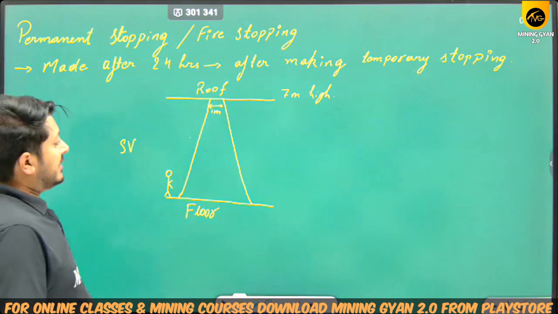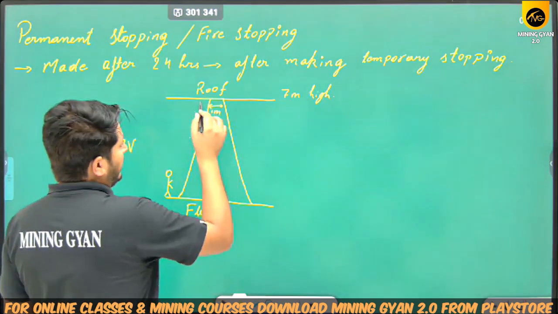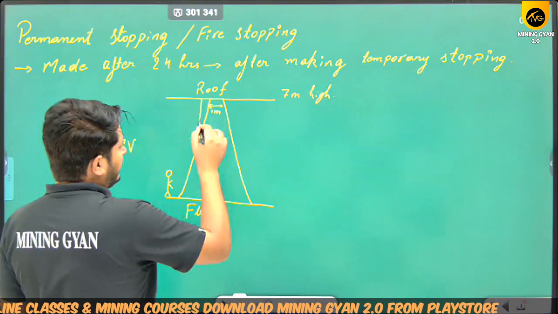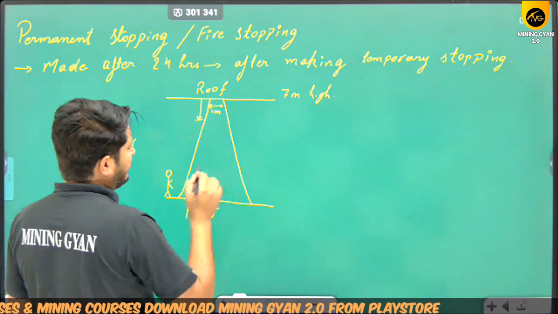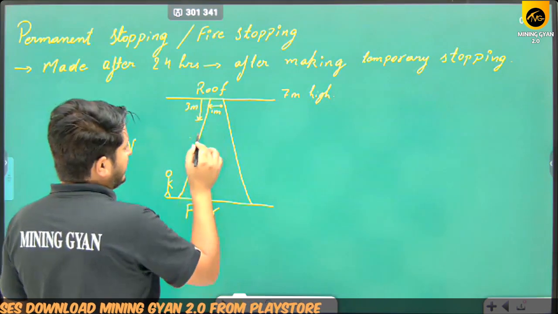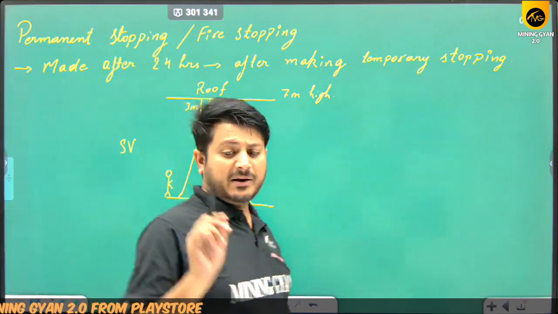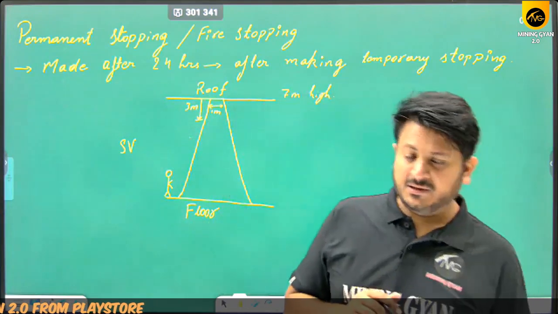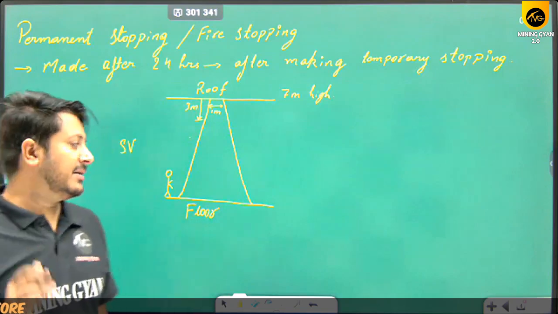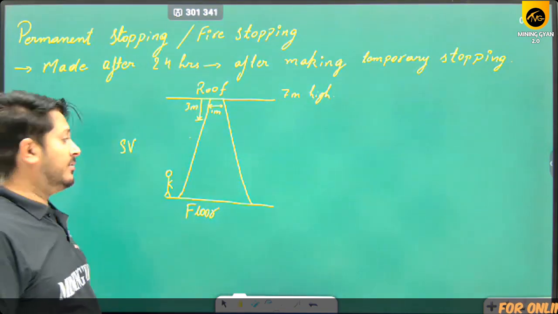And after every 3 meters, suppose that up to 3 meters, the thickness of the stopping is approximately 1 meter. Okay, and after 3 meters, the thickness of the stopping will increase by 0.15 meters. Or I can say that 15 centimeters of thickness will be added at every 3 meters of height.